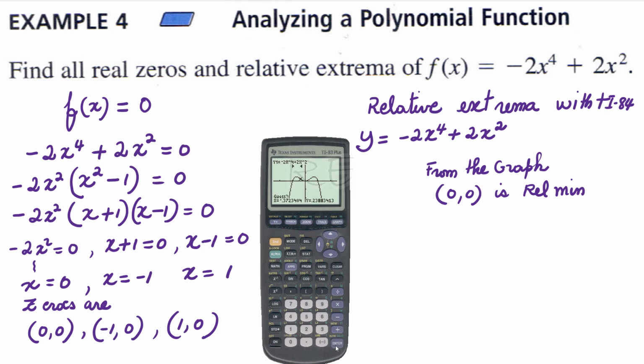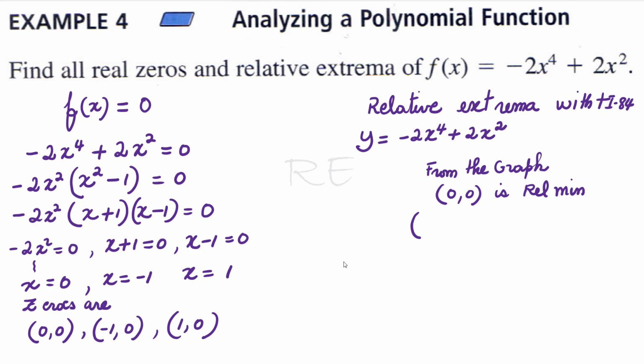This is the guess for the right bound, and then it asks us to guess, and this is the maximum. x is equal to -0.7071, and y is equal to 1/2, 0.5.